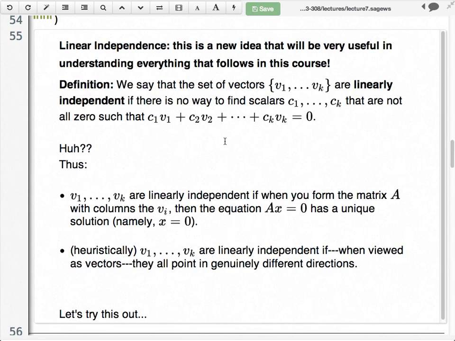Is this set of vectors linearly independent? What do you think? Yes, because if you had c times v equal to 0, that would be c times this equal to 0. That would force the c to be 0. So this is linearly independent. So this set consisting of v1 is linearly independent.